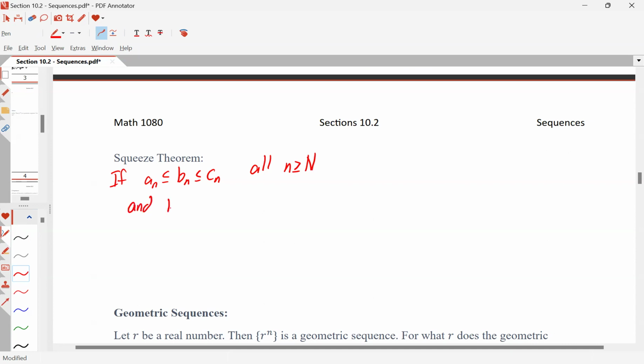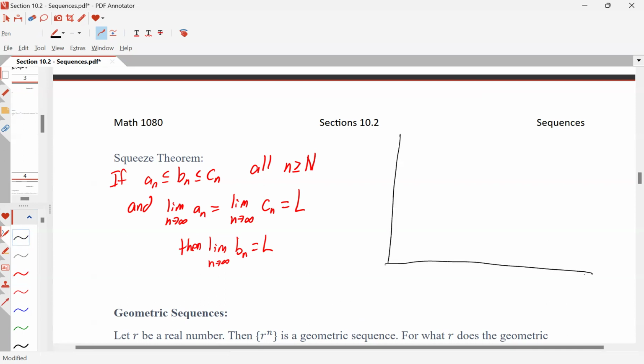And we know the limits of the sequences a sub n and c sub n, and those limits are the same. So the limit of a sub n and the limit of c sub n are both L. Then the limit as n goes to infinity of b sub n must also be L.